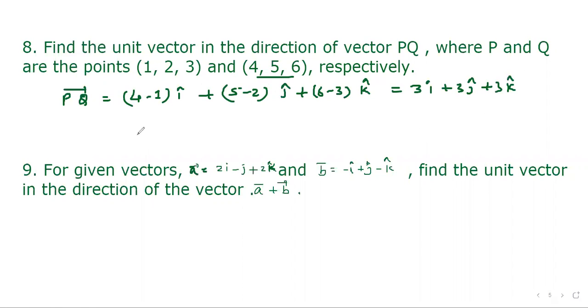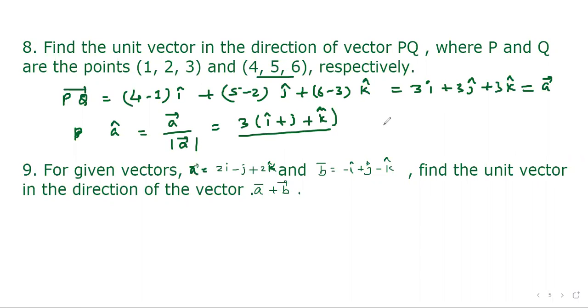Now we need a unit vector. Suppose we denote it as vector A, then we need vector A cap, that is vector A divided by modulus of vector A. So vector A is 3 times i cap plus j cap plus k cap divided by modulus of this.